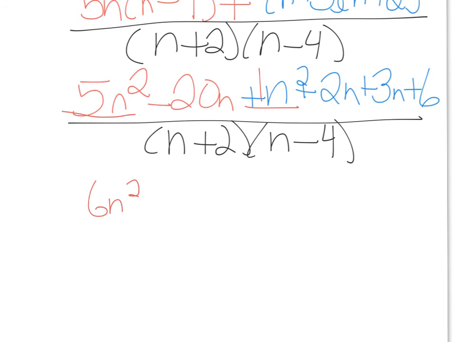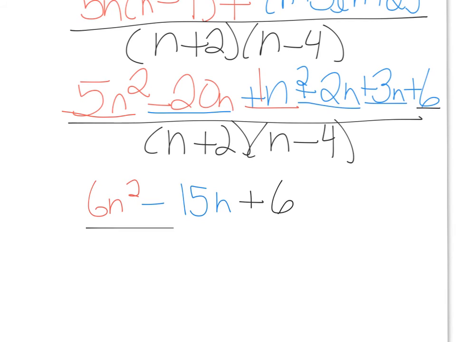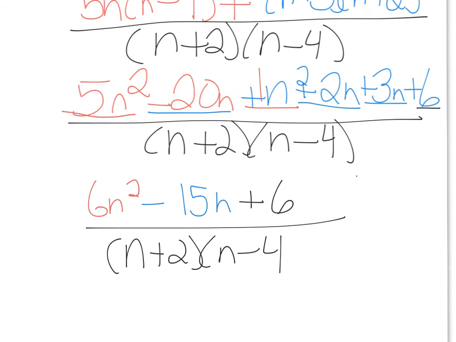We're going to take our negative 20n plus 2n plus 3n, and that should give us a negative 15n. And then we're going to take our lonely 6 here, who's by himself, and get a little plus 6 on the side, and it's all over that same denominator. Okay? And that's all it is.